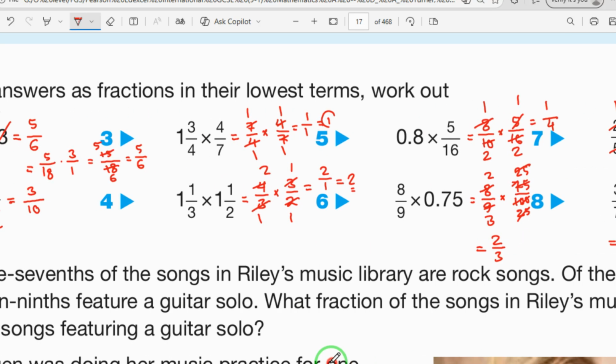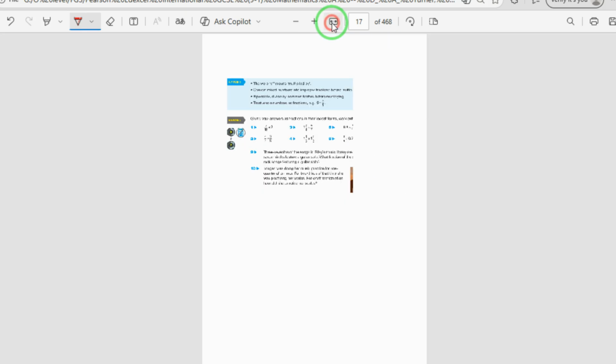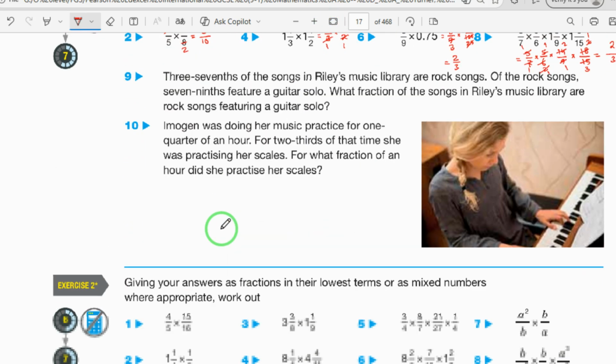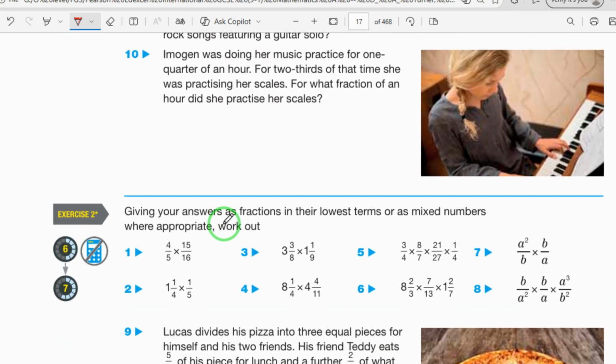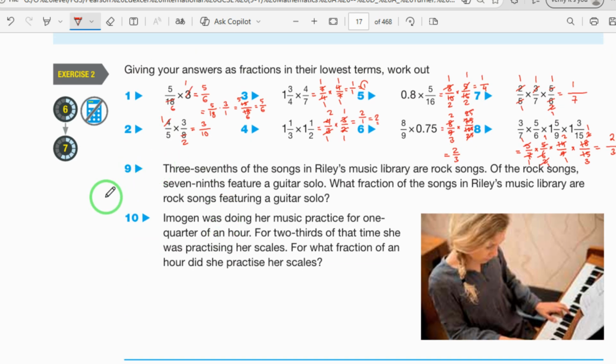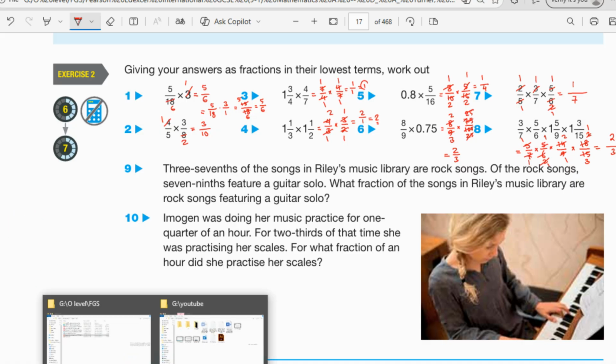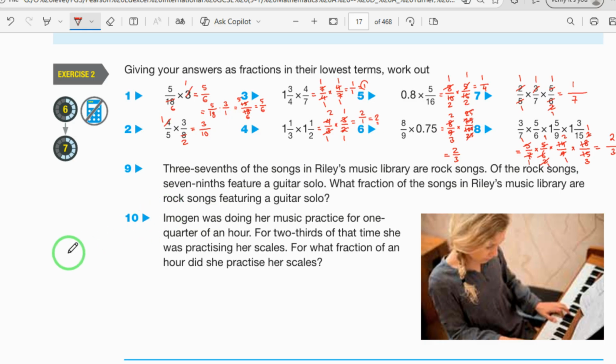Come to question number 9. In number 9 there is a word problem that depends on fractions, how we can simplify or solve. Pay attention.